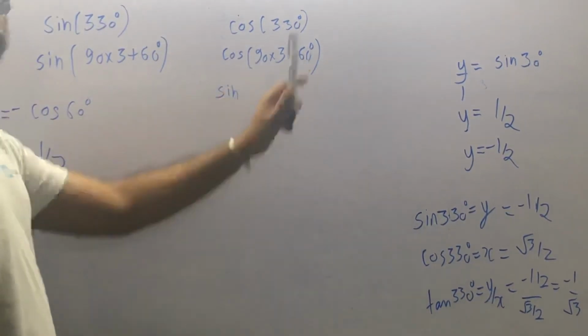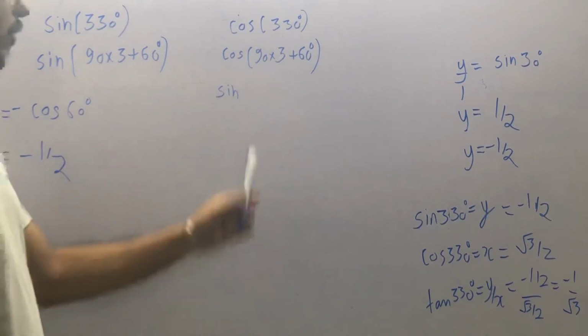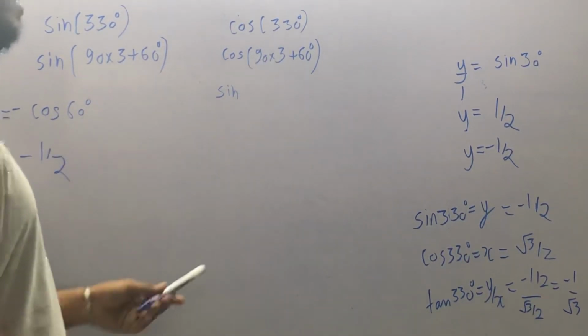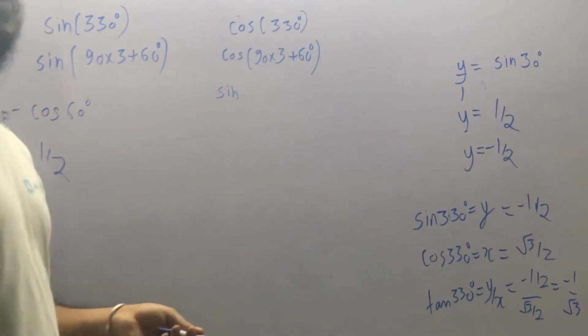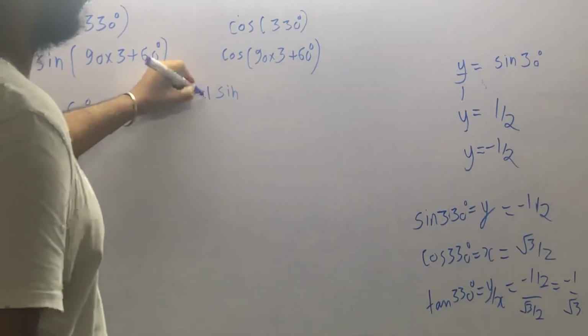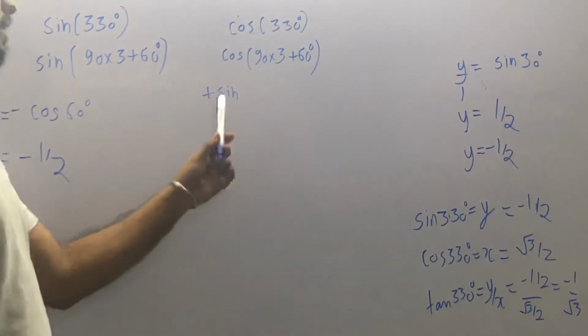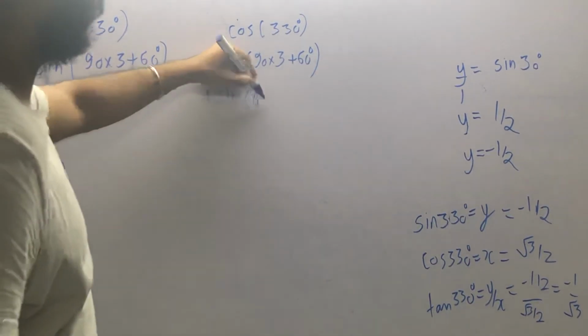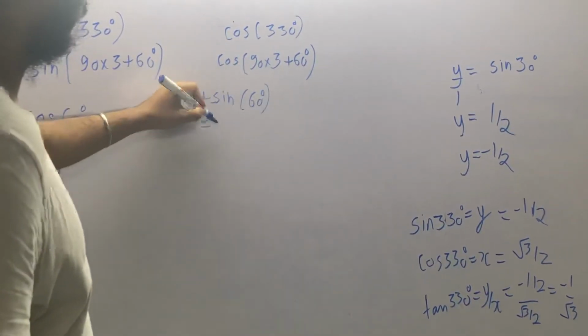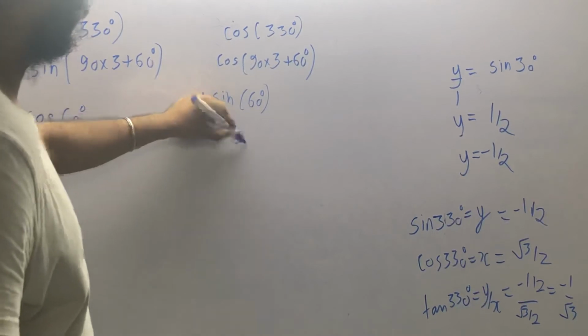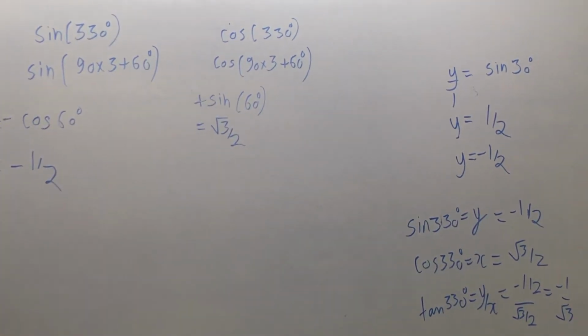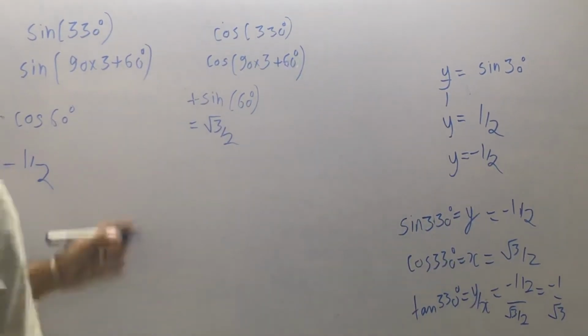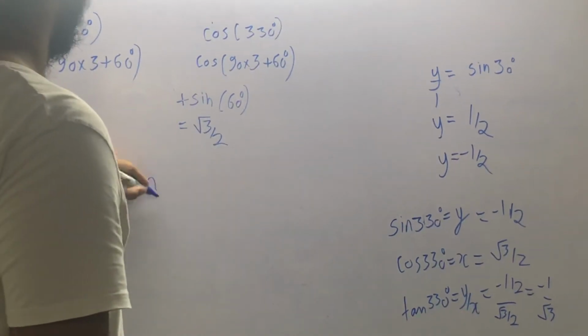Cos is lying in which quadrant? Fourth, because it is 90 into 3 plus 60. And cos is positive in the fourth quadrant, so positive will come here. So sine, because odd, and the angle is sine 60. So this will be √3/2.